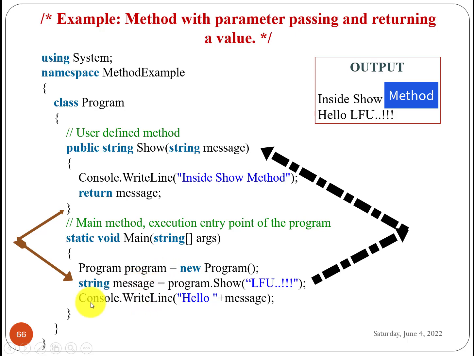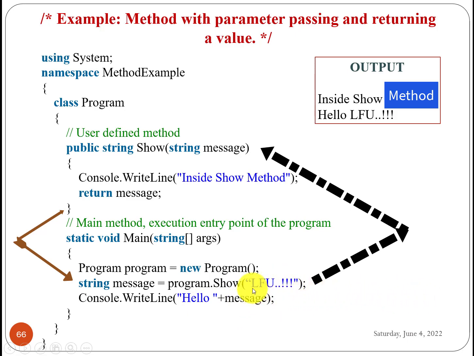That's why Console.WriteLine hello message. So what is the value here? The value, whatever we receive from this, we received the value LFU, and these 2 dots and 3 exclamation signs. So hello, and this message will receive this value.